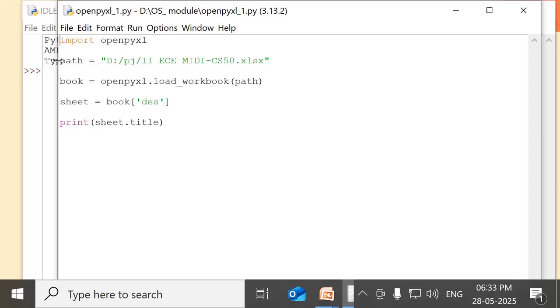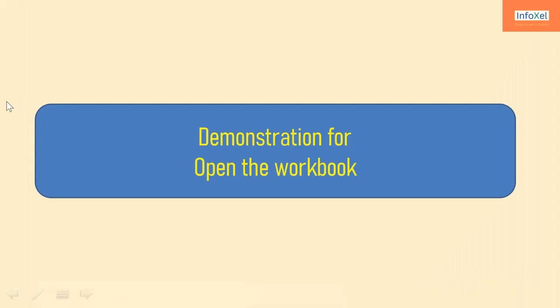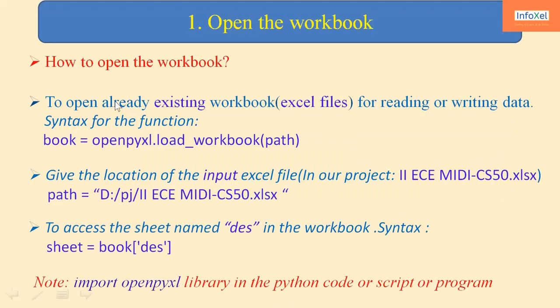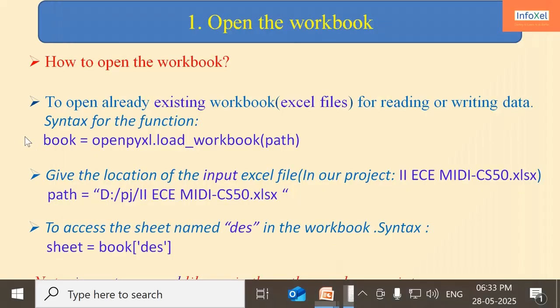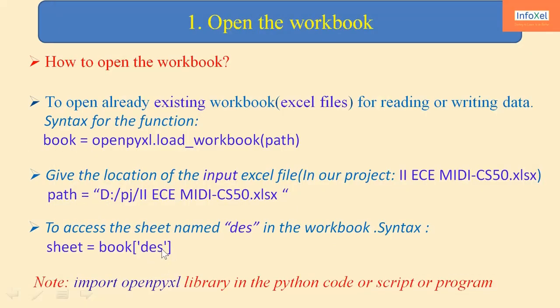We have mentioned the path of the input file. This is our input file. Then we have given the statement here: book equal to openpyxl.load_workbook(path). Next, sheet equal to book within square brackets, in single quotes, 'des'.